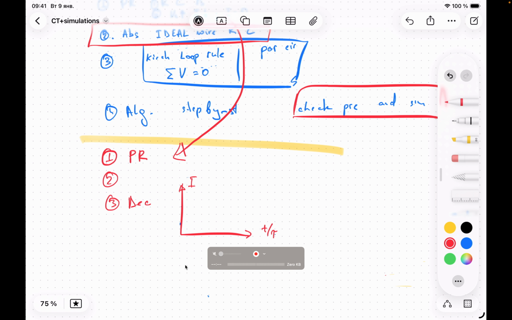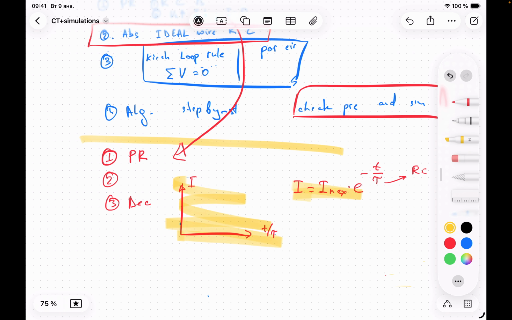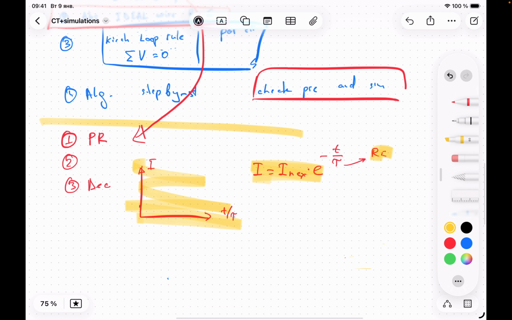Yeah? So second step, we have to know the instantaneous current equation. It equals I maximum multiplied by exponential of minus T over tau. The tau is RC. So the first decomposition is the graph, the second one is this equation, the third one is this one. So the last decomposition is here.